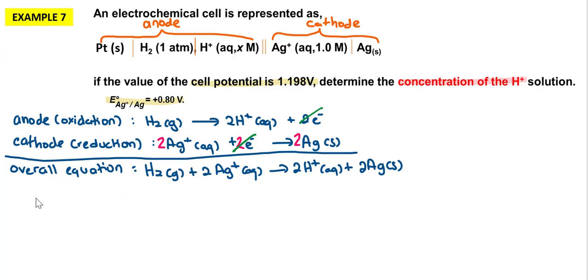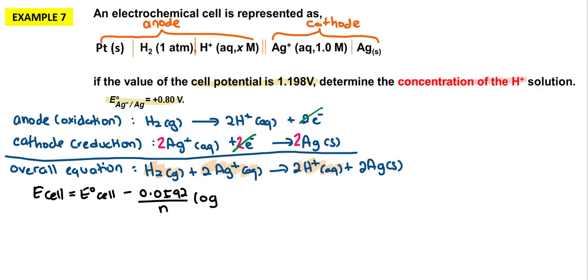So the Nernst equation for this reaction is going to be E cell equals E naught cell minus 0.0592 over n log the reaction quotient for this reaction. We are going to refer to our overall equation. Remember, only aqueous and gas are included in the expression.